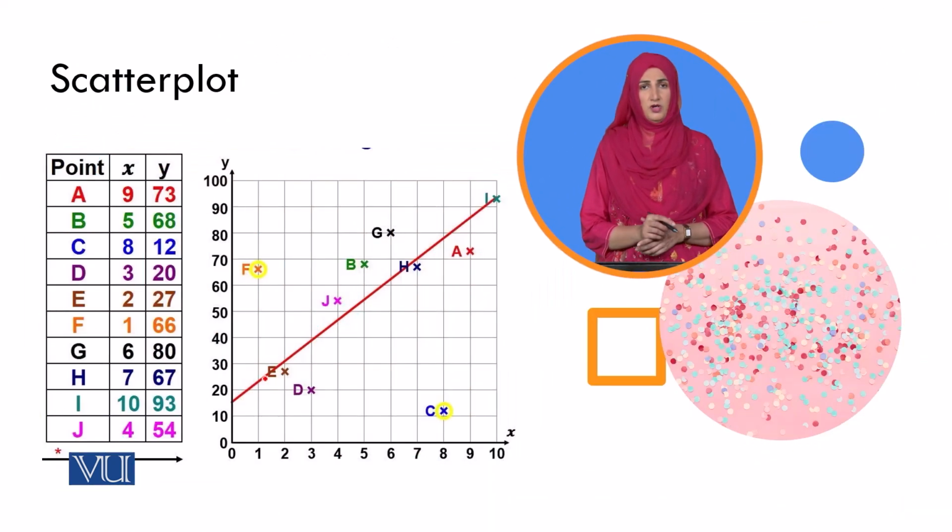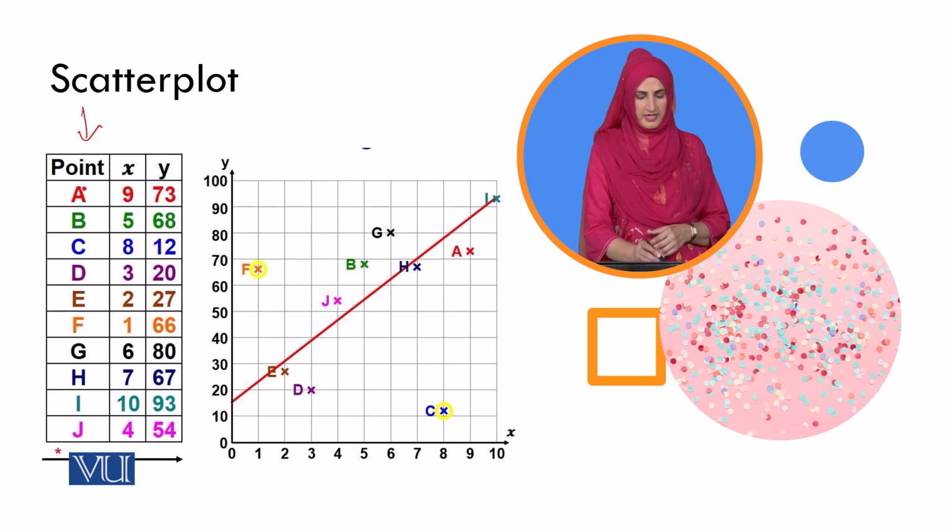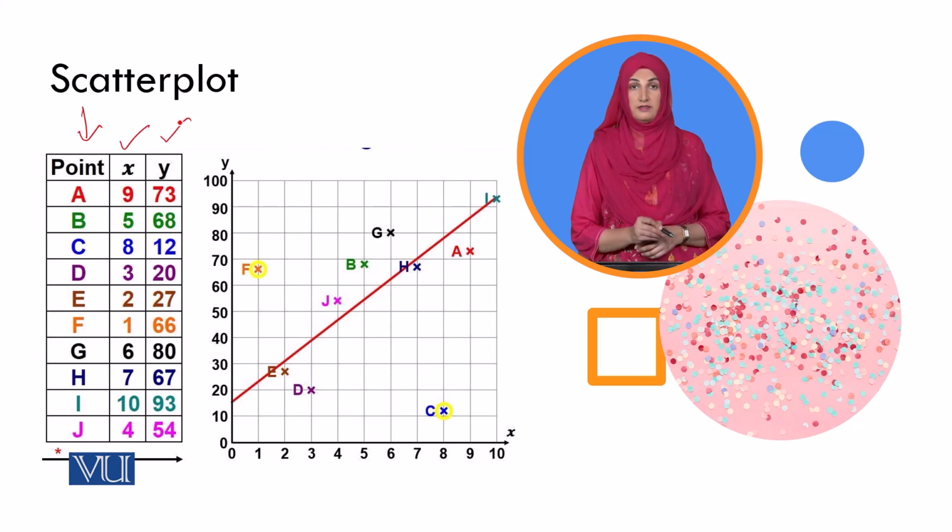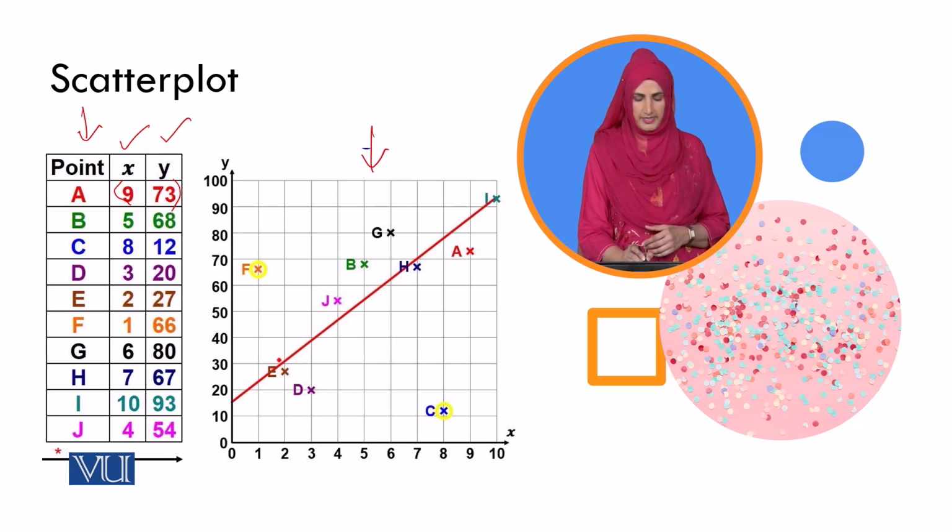In this scatter plot, you can see these are the alphabets A, B, C, D up to J. X and Y are the variables given in pairs. And you can see from this scatter plot that all the data points are given one time, so one dot is plotted in the scatter plot.